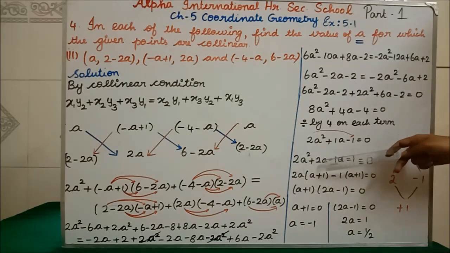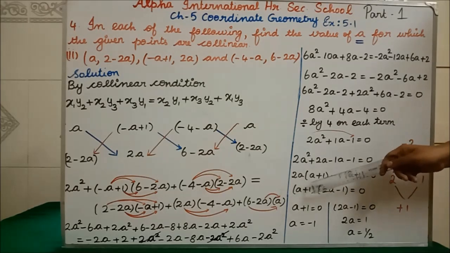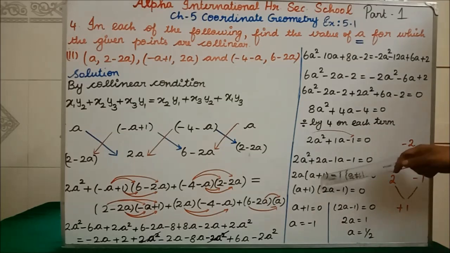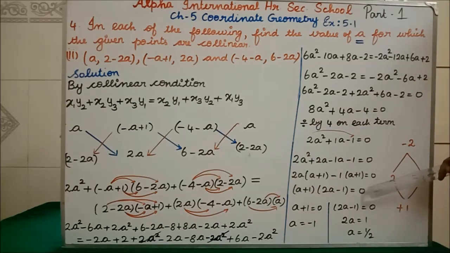From the first two terms, which is the common? 2a is the common. Take the 2a, remaining is a plus 1. Here 1 is the common, a plus 1, whatever they were writing that you are going to write here. Then a plus 1 you are having, write 1 into a plus 1, 2a minus 1 equal to 0. Then a plus 1 equal to 0 and 2a minus 1 equal to 0. a equal to minus 1, a equal to 1 by 2.